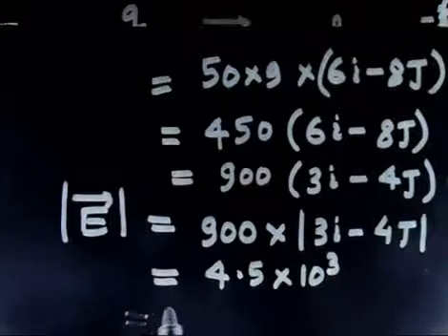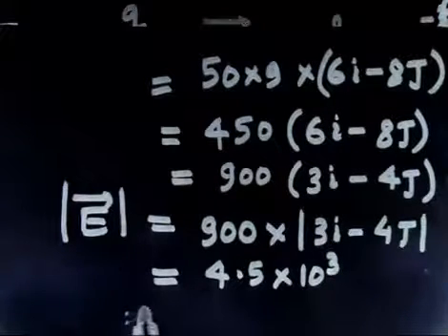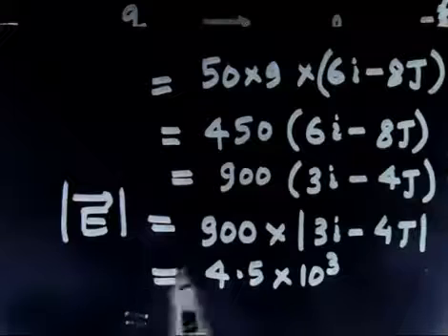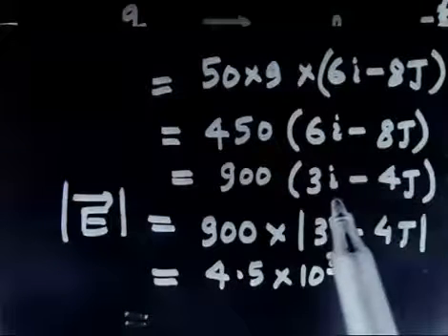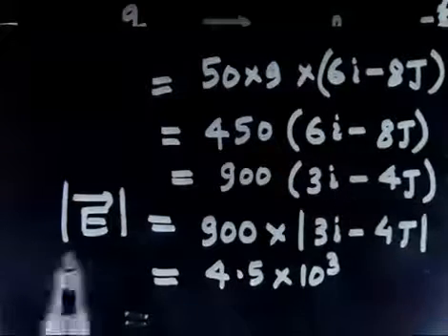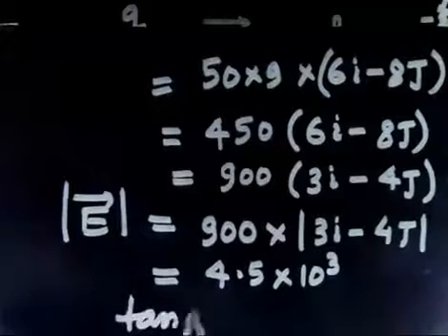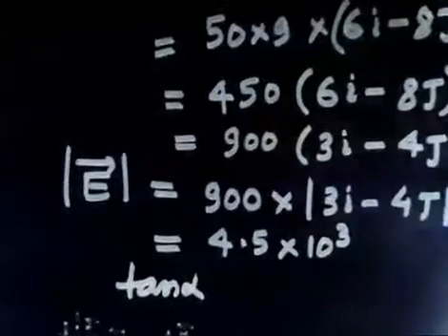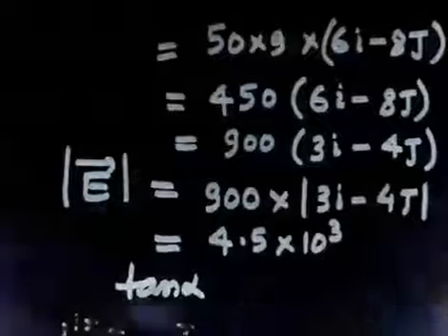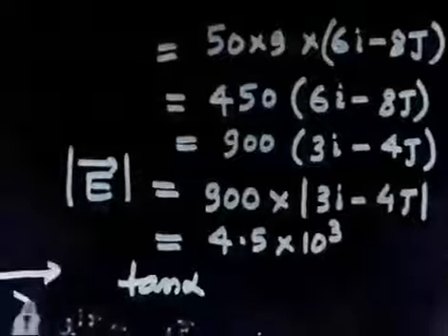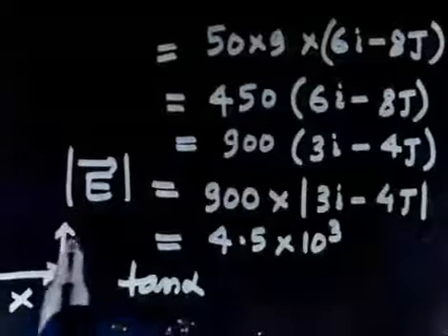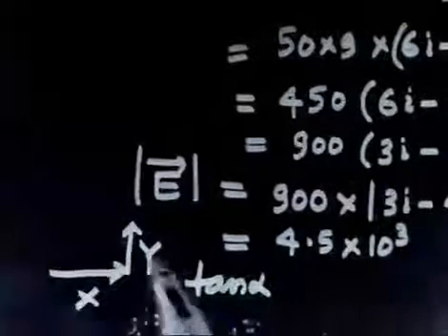Now if somebody asks what angle the electric field makes with the x-axis, I have the x component and the y component, and alpha is the angle made with the x-axis.